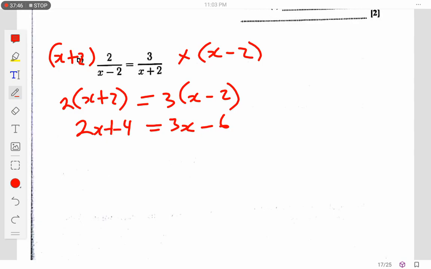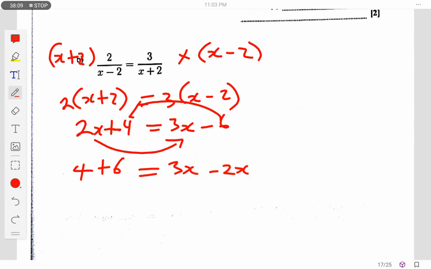Taking the x's to one side, I take the x this other side, so that it becomes minus, and this one goes this side, so it will be 4 plus 6 is equal to 3x minus 2x. So I have x is equal to 10, so our x is equal to 10.